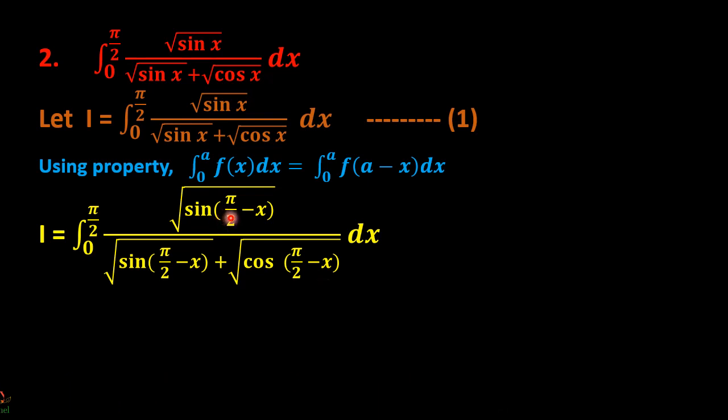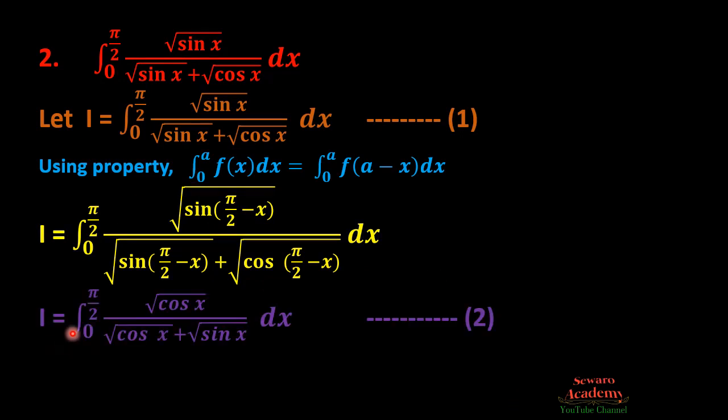This pi by 2 is 90 degree, and we use that formula here. The integrand will be modified as integration from 0 to pi by 2 of root cos x upon root cos x plus root sin x. So this is our equation number 2.